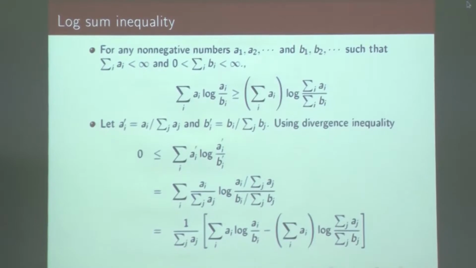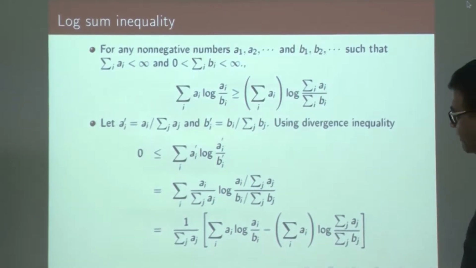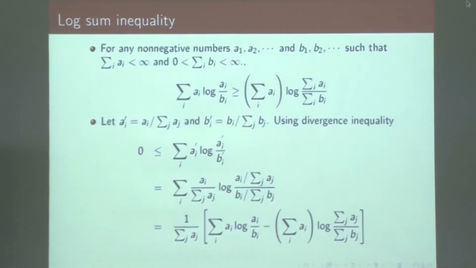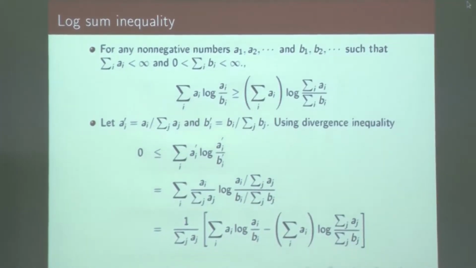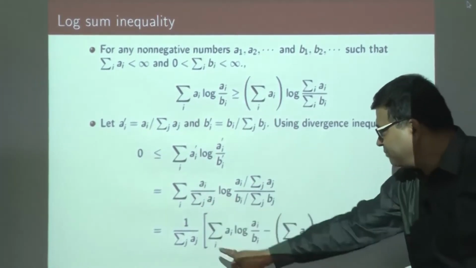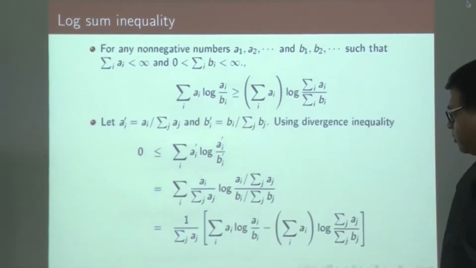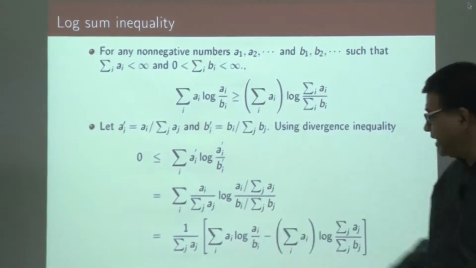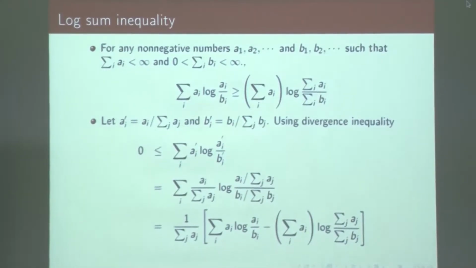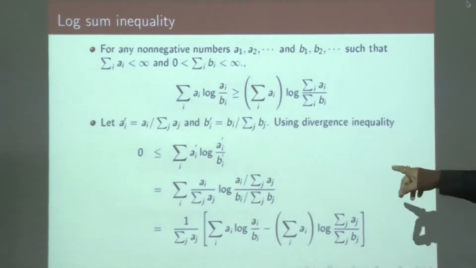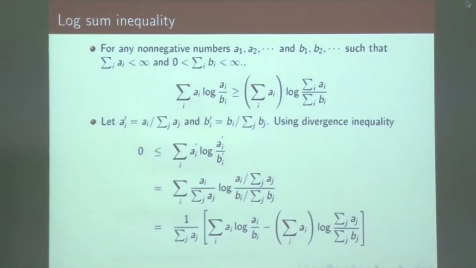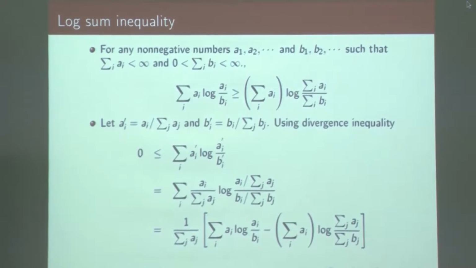Now what I am doing is taking this summation out, and so I have the summation of ai, and now I can write this as ai by bi, and I can have minus of log of the summation of ai by the summation of bi, right.